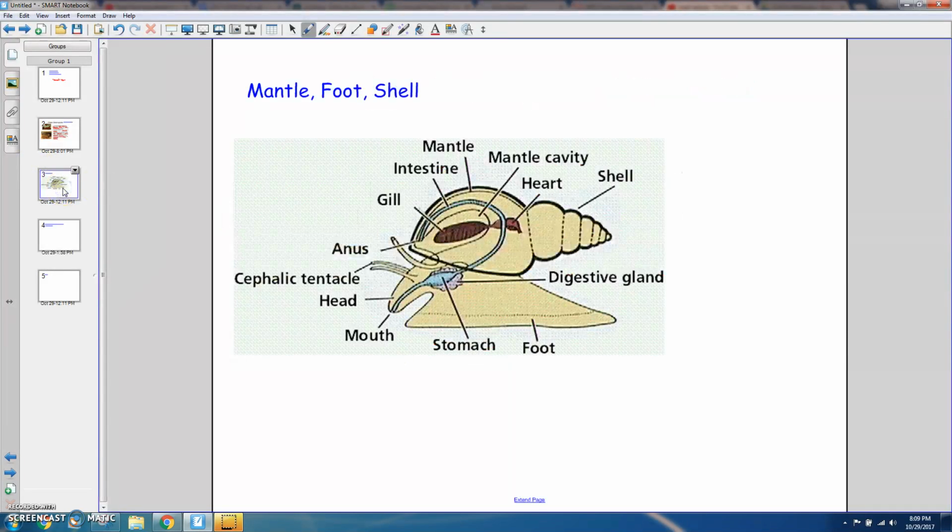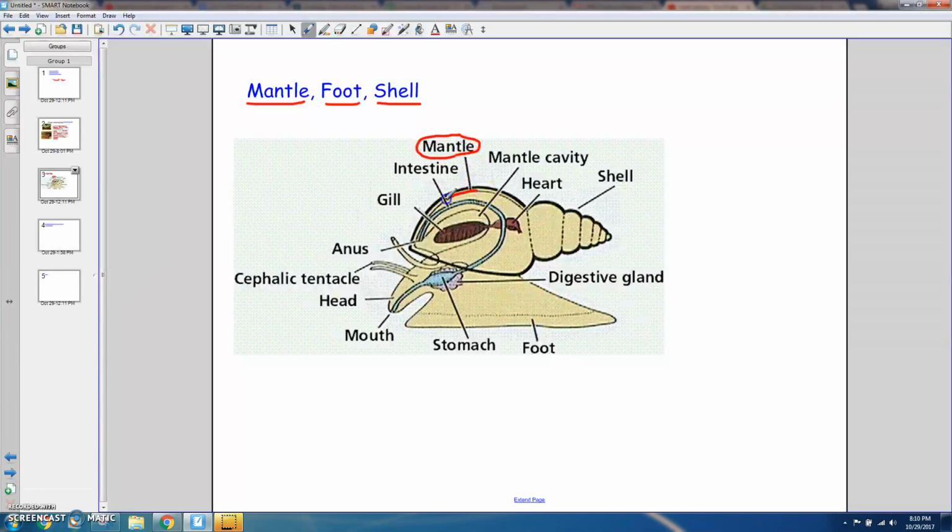Now, if we look at all mollusks, we'll find that all mollusks have a modification of three things. All of them have a mantle, all of them have a foot, and almost all have a shell, or the remnant of a shell. And the snail actually has all three. They've got the mantle right here.